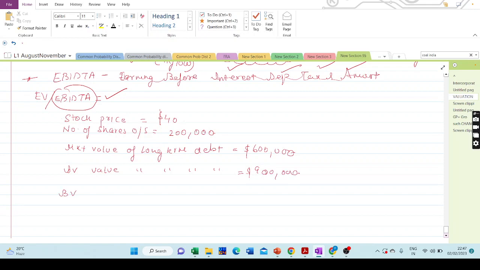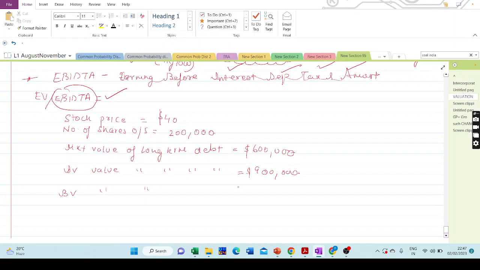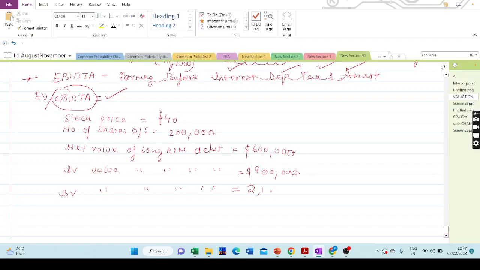Book value of total debt is 2.1 million. Cash and cash equivalents are 250,000.